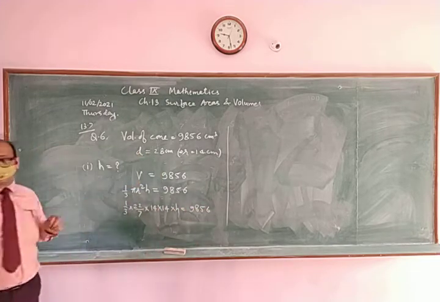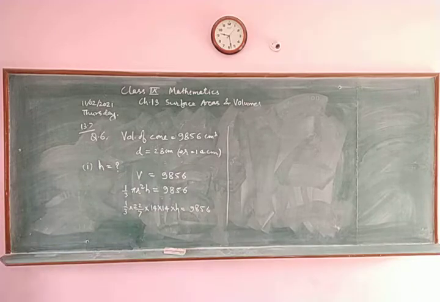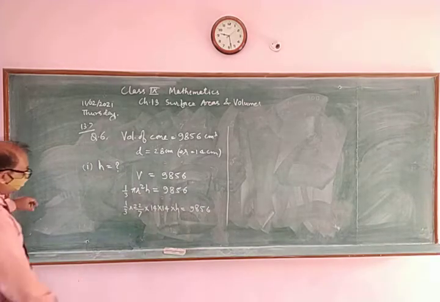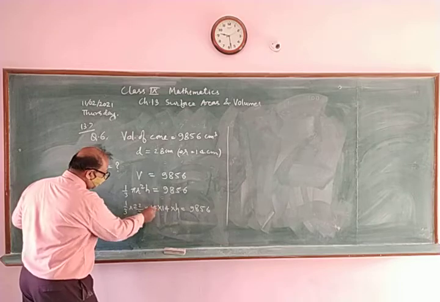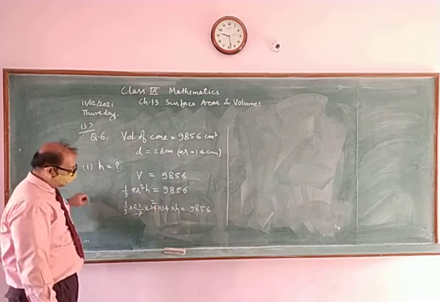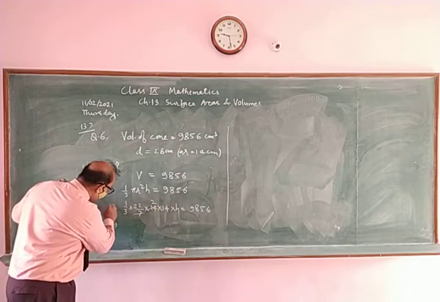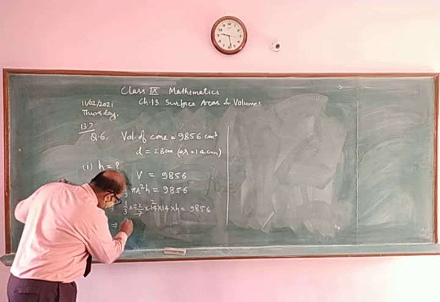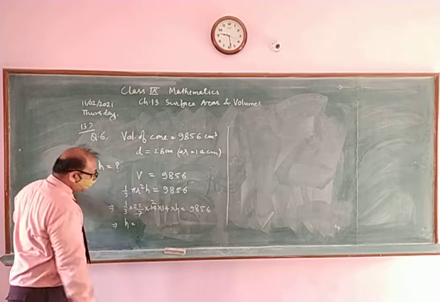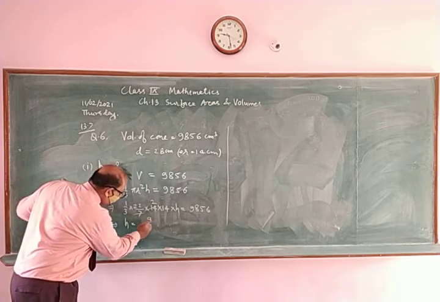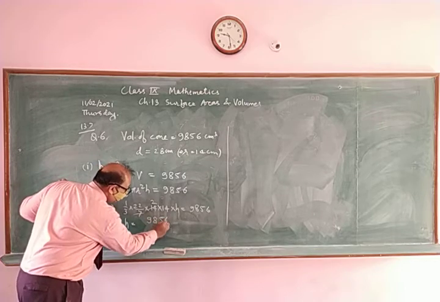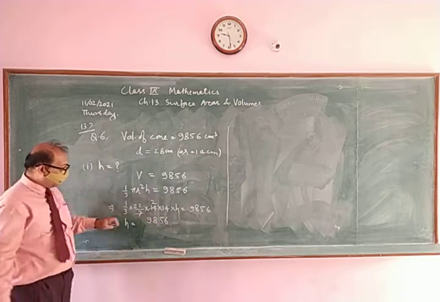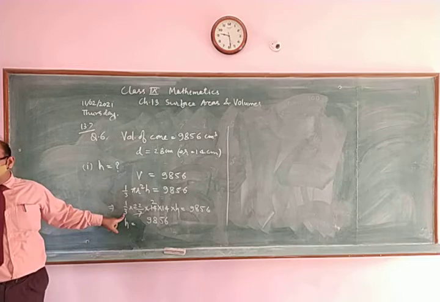9,856 is equal to 1 by 3 into 22 by 7 into 14 into 14 into h. Now solve it. 7 2s are 14. So h is equal to 9,856. Look here, 3 is in the denominator.